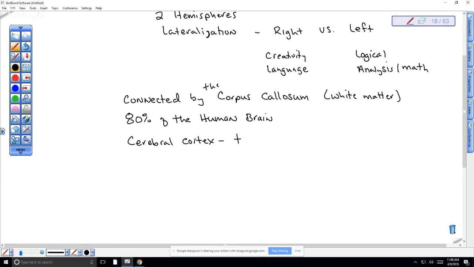This is the thin outermost layer of the cerebrum, and it's only believed to be about 4 millimeters, which is like half a centimeter, in thickness. And this is gray matter.